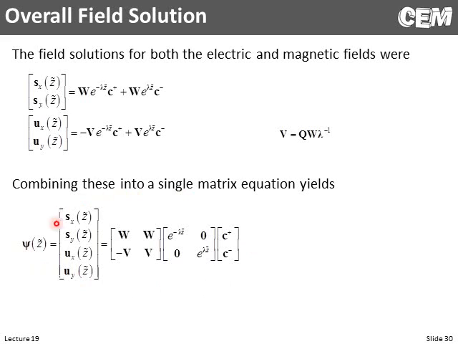Now we have s's and u's all together, and we'll call that psi. So this psi parameter is all of our fields collected together into a single column vector. Here's all of our eigenvectors. Here's our eigenvalues describing propagation. The eigenvectors describe what the modes look like. Here's how they propagate. And here describes how much power is in each one of the modes. Those are our mode coefficients.